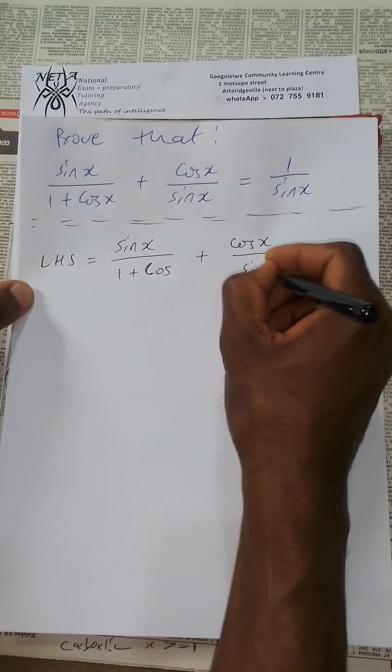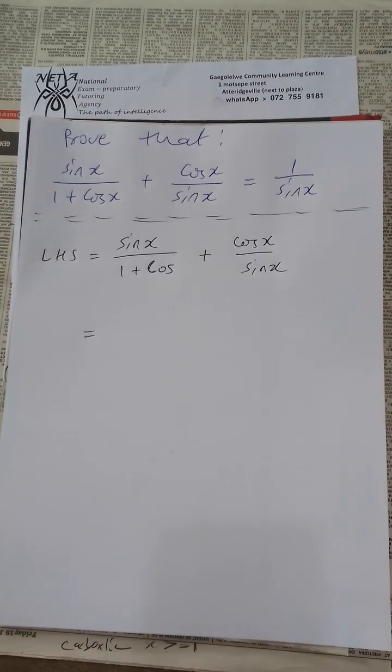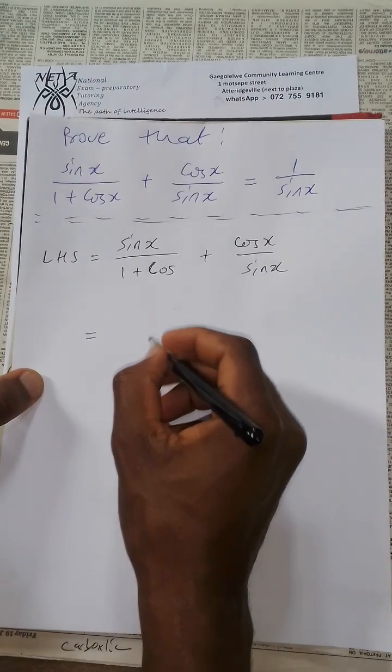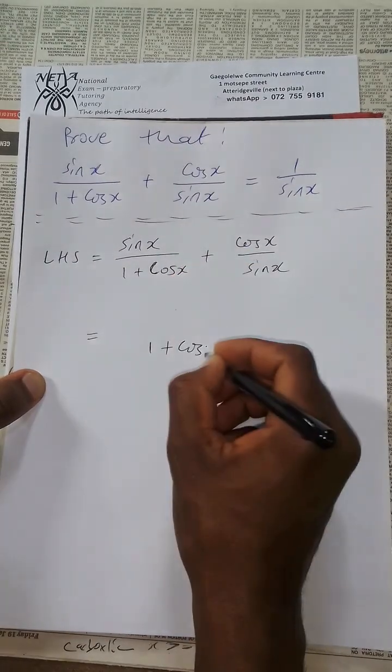Cos x, sin x. Now the approach to solving a question of this nature is that when you have two separate fractions, you have to unify your fractions so that you end up having one fraction. And the way to do that is to deal with your denominators. Your denominators are the factors that are going to unify your fractions.